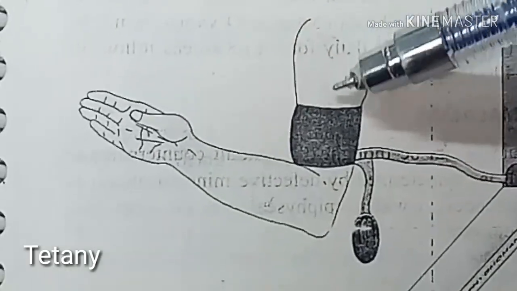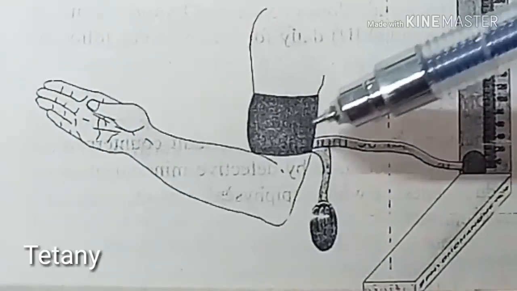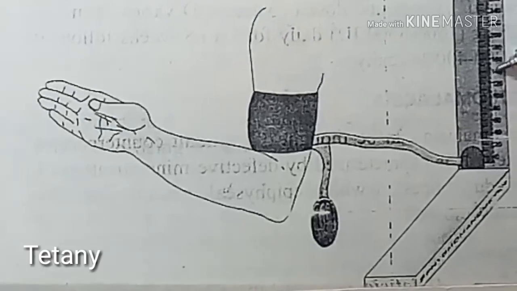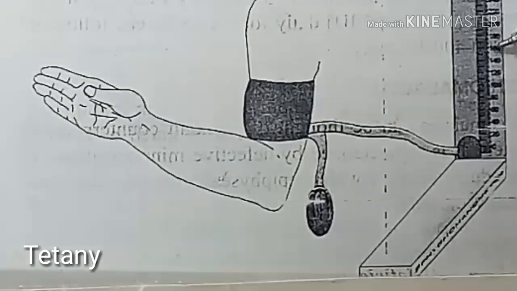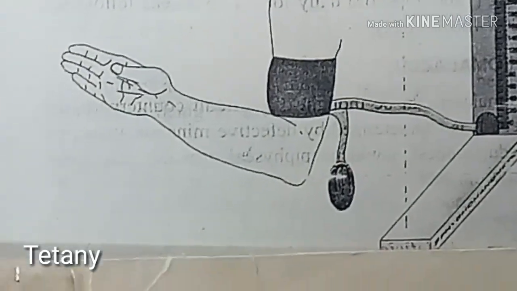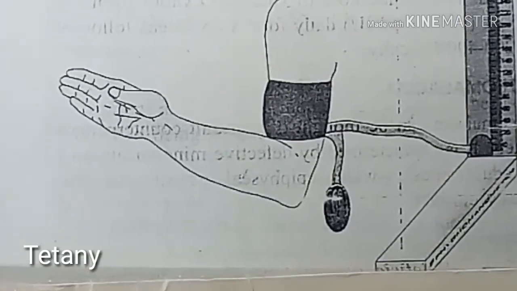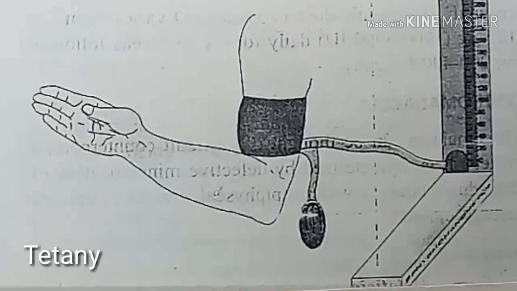Here, blood flow to the limb is occluded, you can see here, by inflating the cuff of the sphygmomanometer above systolic pressure, and that is occluded for about 3 minutes. It produces characteristic carpal or pedal spasm depending on the limb tested.